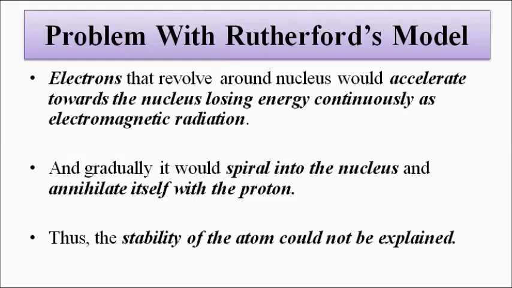So an atom should not be stable if we follow this theory, but we know that everything around us is stable, it is present. So there was something wrong with Rutherford's model approach, because if we follow that theory, then the atom should not be stable, and if the atom is not stable, then everything around us should not be stable.